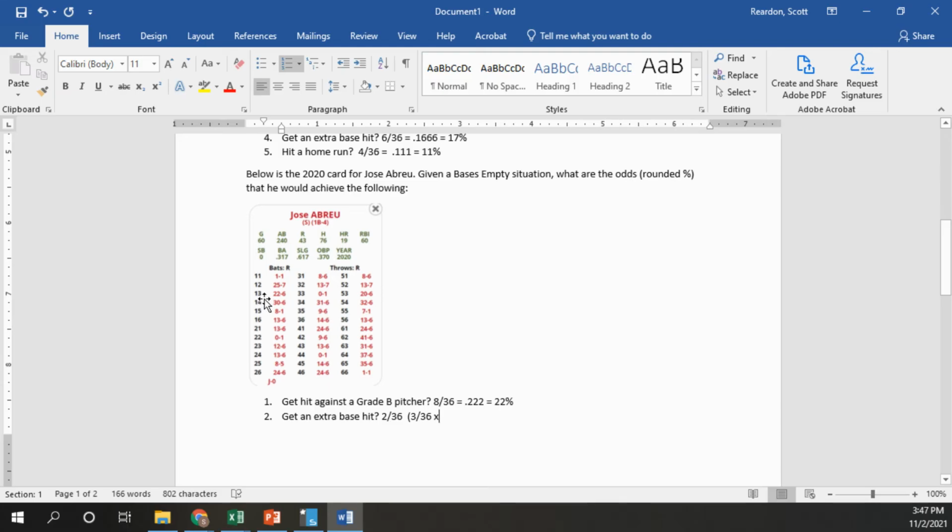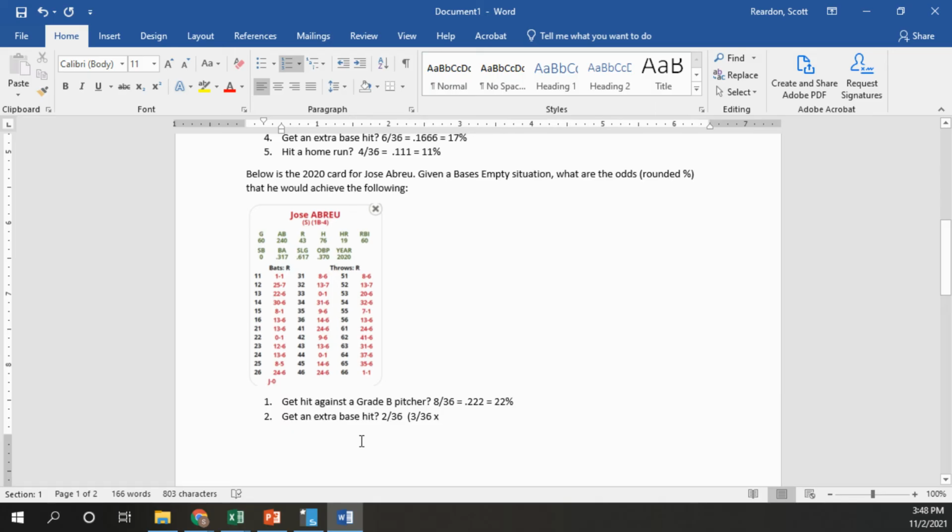Well, now we go to the second column. Again, in the second column, he's most likely going to get an extra base hit. But how many non-extra base hits do we have? Well, if I look at this, I've got 12 is 7, 32 is 7, 52 is 7. I see 3 7s in his second column.